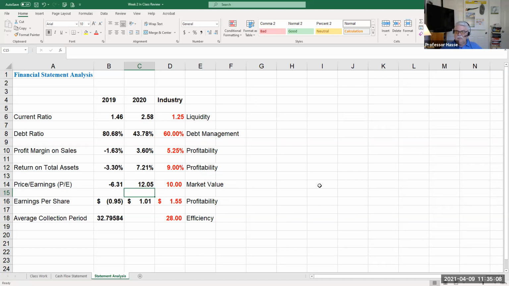The lower the PE ratio, the more undervalued the stock is. The higher the PE ratio, the more overvalued a stock price is. Undervalued means maybe it's a time to buy. Overvalued means hang on to your shorts or sell the stock. It's eventually going to drop in price as soon as the market figures out that it's overvalued.